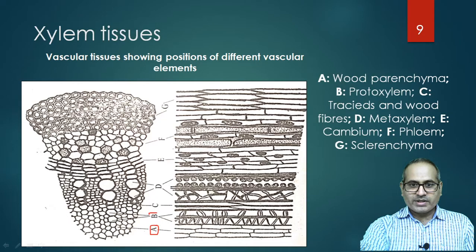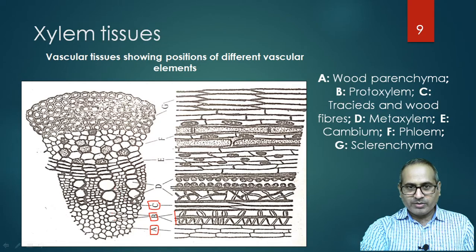B are these 2 structures, which are protoxylems. C, the larger ones, are metaxylems. In between the protoxylem and metaxylem, whatever is filled is all tracheids and wood fibers.